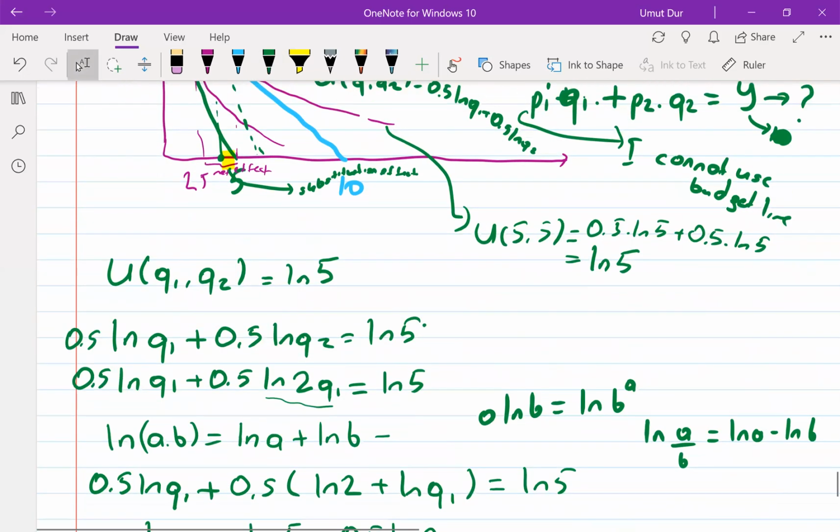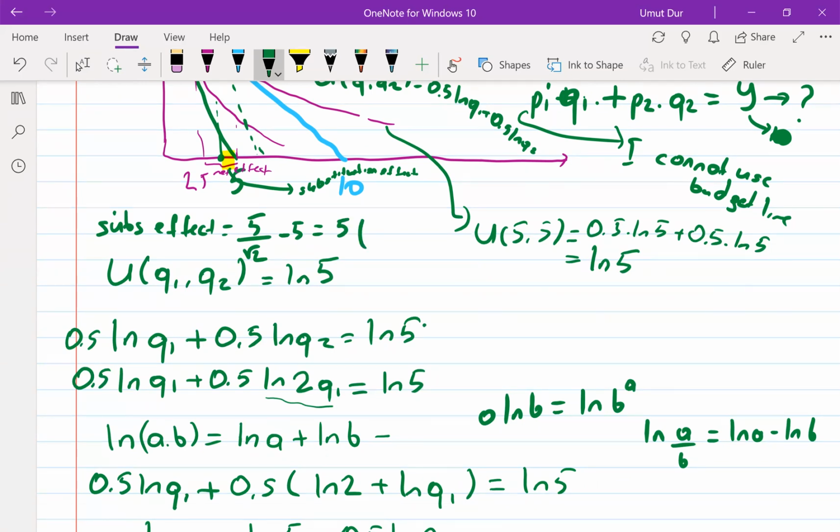Then my substitution effect is 5 over square root of 2 minus 5, which will be 5 into the parentheses 1 minus square root of 2 divided by square root of 2.